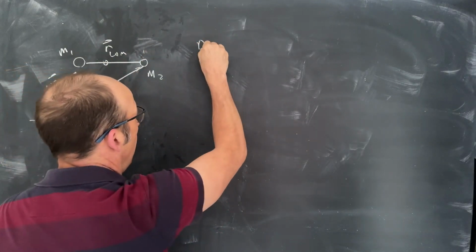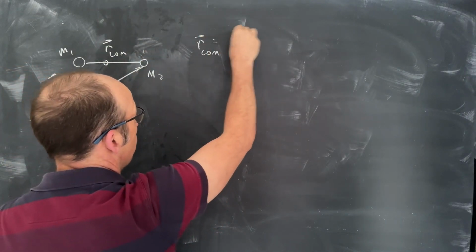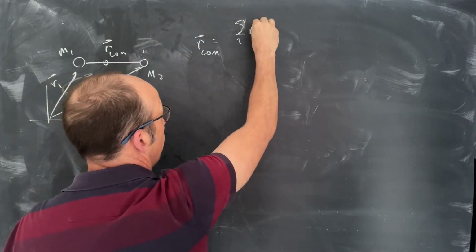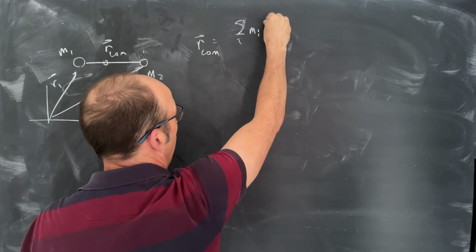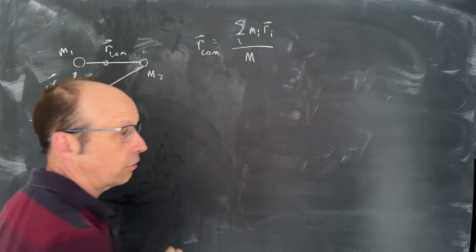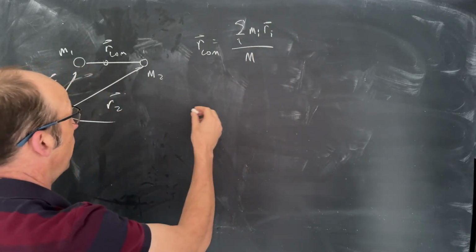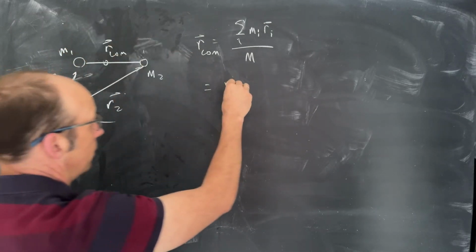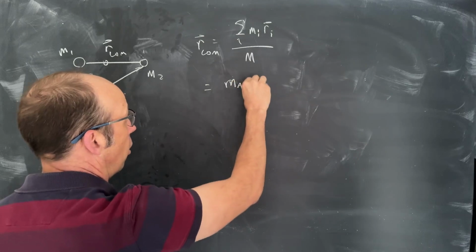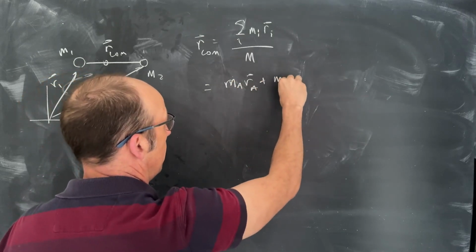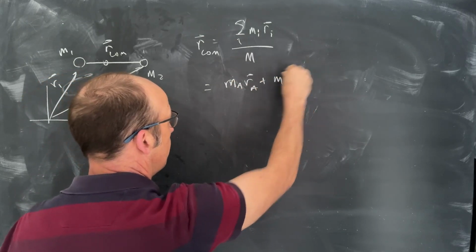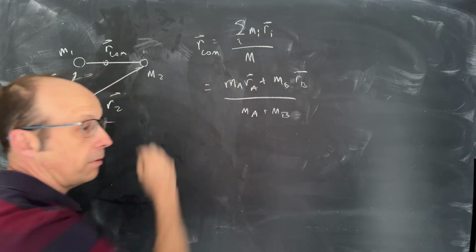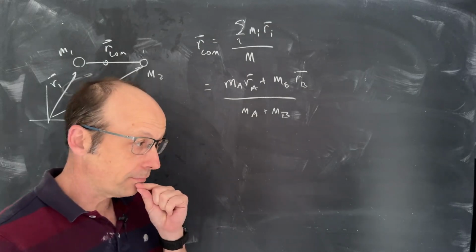So R-com is going to be equal to, in general, the sum over i of mi Ri over the total mass. I'll just call that total m. So here, that's pretty easy, right? I can just say that's equal to, I called them A and B, MA RA plus MB RB over MA plus MB. And that's going to be a vector location of the center of mass.